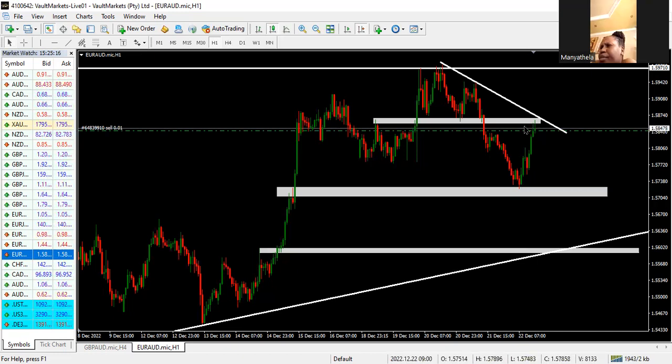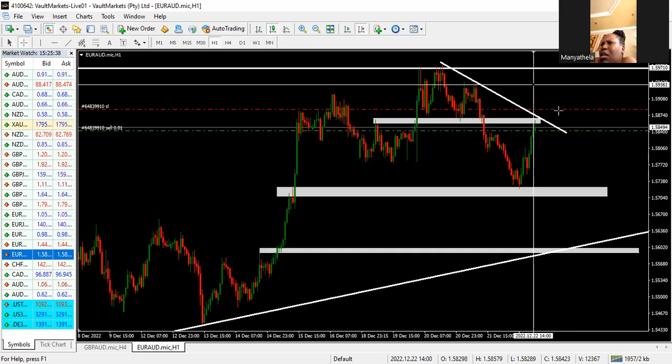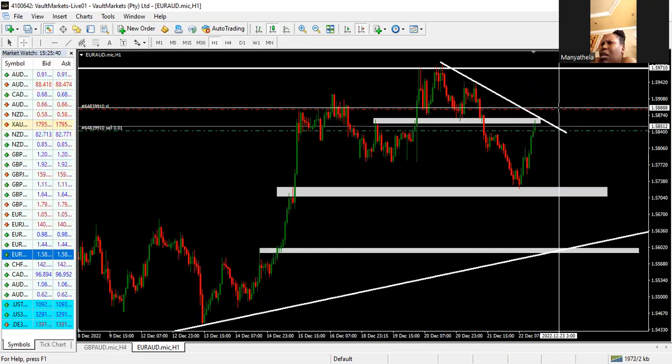So what we're going to do here, we're going to place our stop loss above this level. Which level? Let me give you. It's 1.58857.